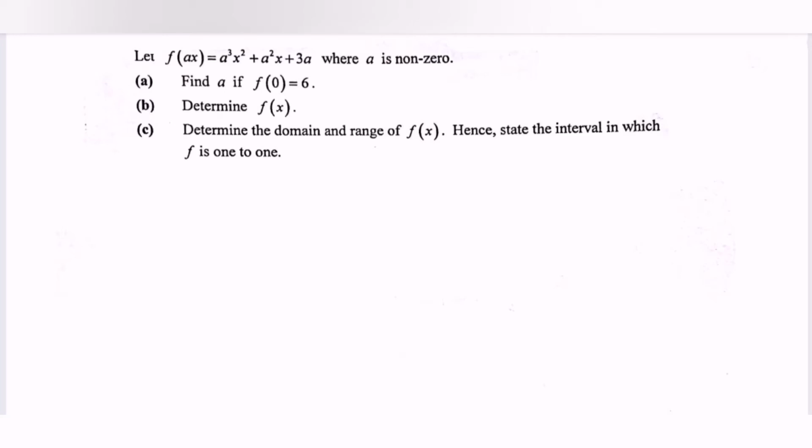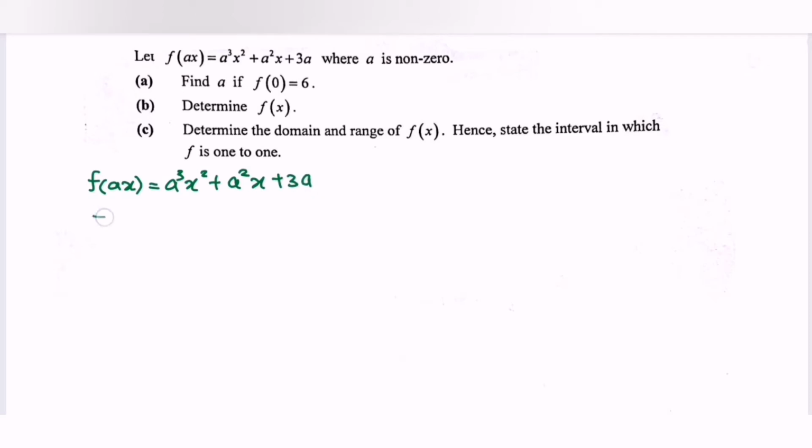So kindly refer to the function f(x), where we have the quadratic situation. A. Find the value of a. Kindly substitute the 0 into the situation. So here we have f(x) equals a^3 x squared plus a squared x plus 3a.